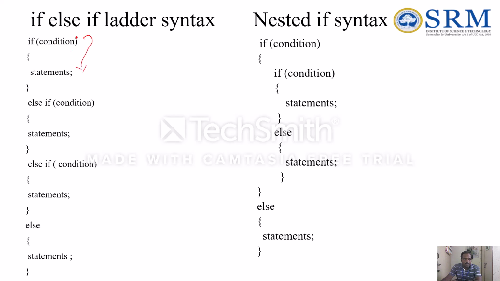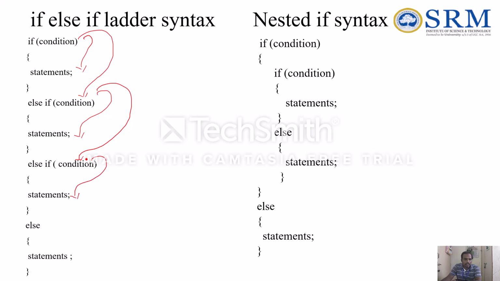Suppose the condition is false, it will go to the next part, else if. In the else part, again we check another condition. If the condition is true, this part will be executed. If the condition also fails, it will come to the next else if part. Again it checks the condition, and if the condition is true, this part will be executed.